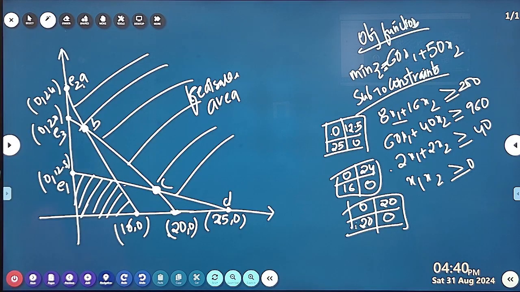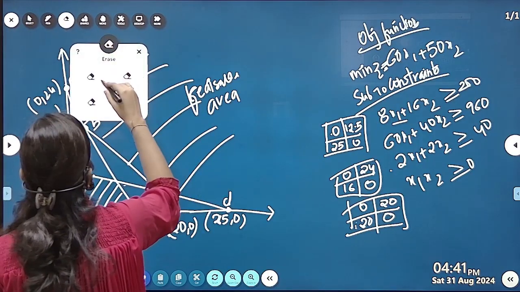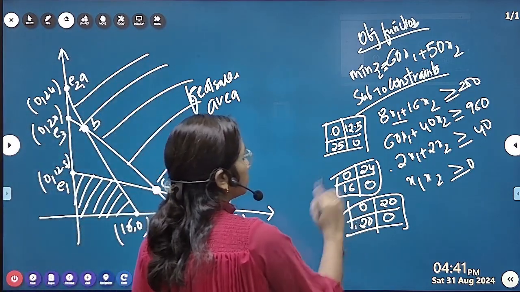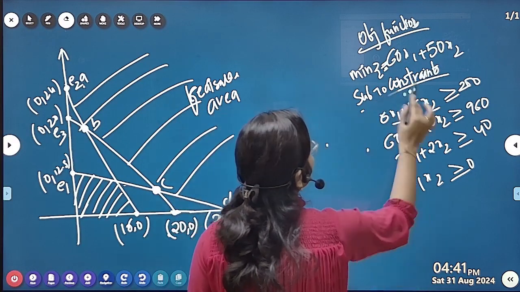So solve those both. So let's first do B point, then after that C point. Okay, let's go. I'm erasing this, but you tell me the equations.